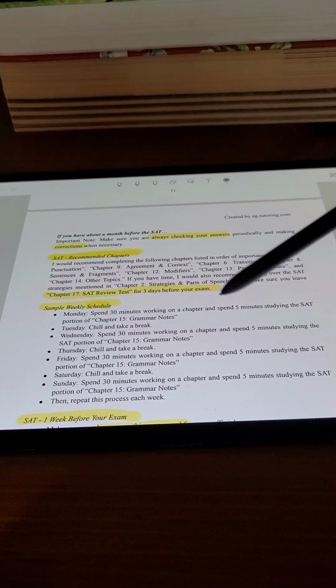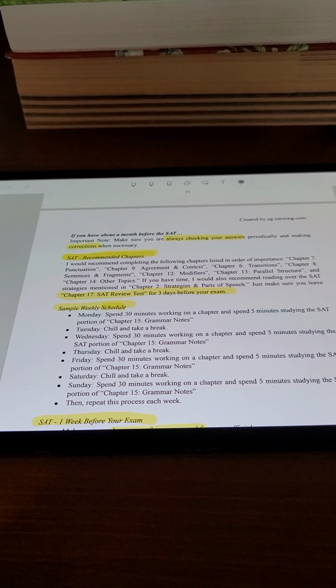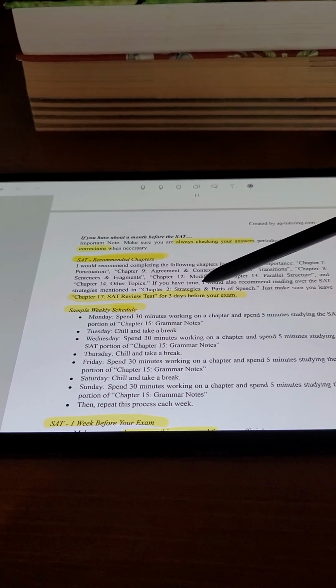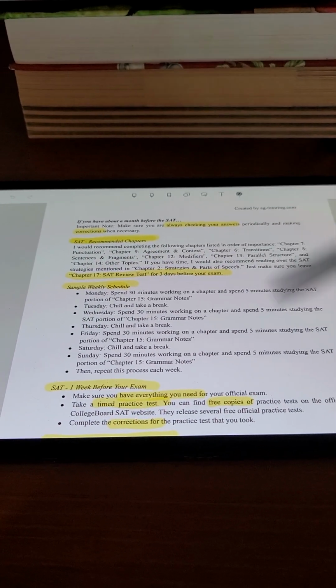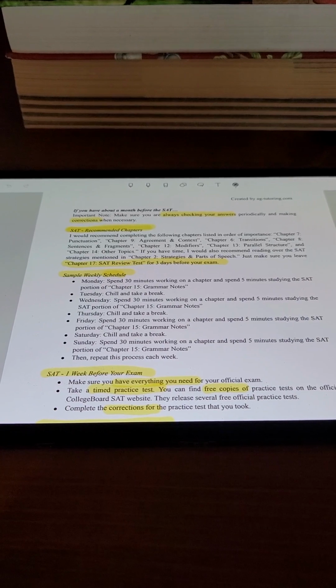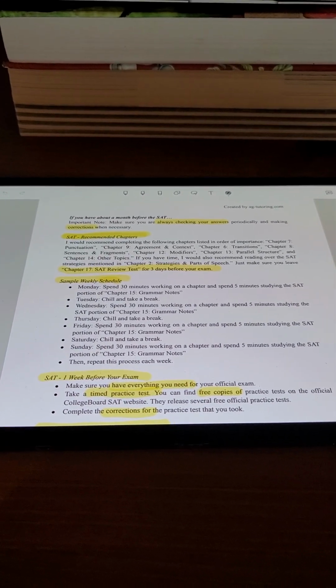And if you finish this fairly quickly, make sure you leave chapter 17 for 3 days before your exam. Don't do that until then, because the way that I wrote the review test is to be a review of all the concepts that you need to know.